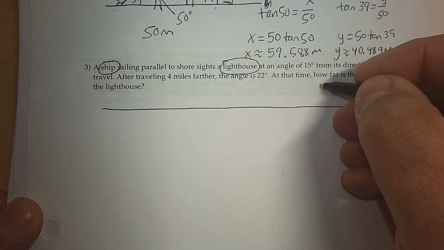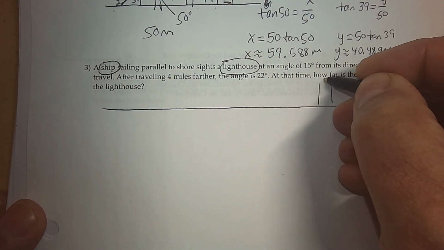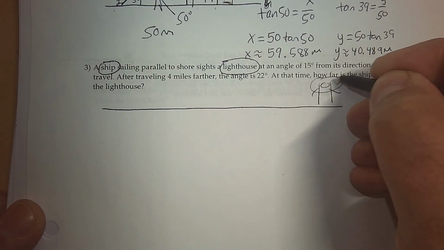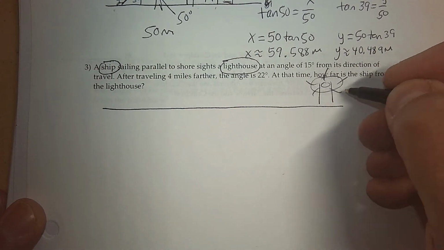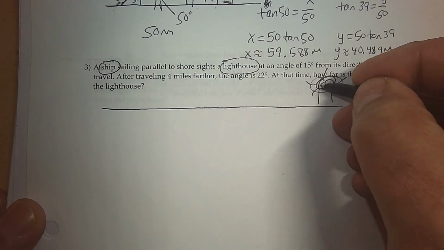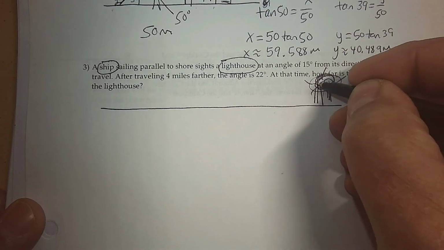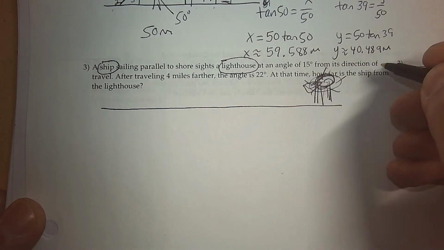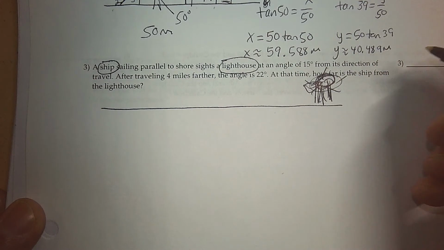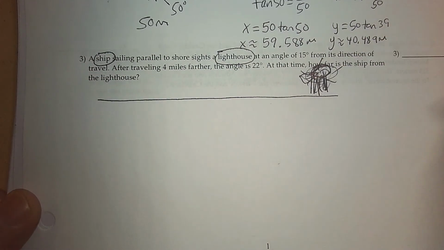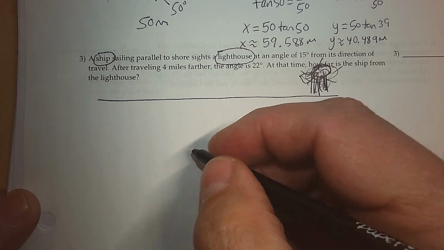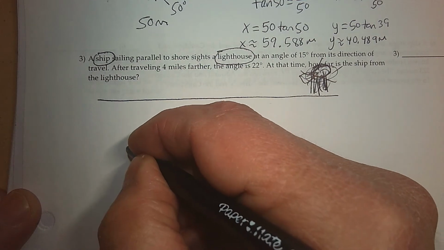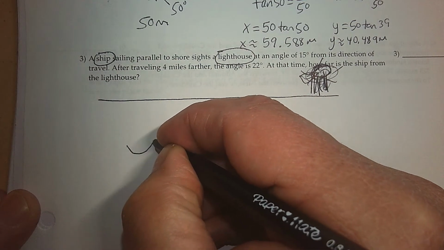All right, here we go. I can't draw it. There's my lighthouse. When I get frustrated, I just start scribbling. But there's my lighthouse. So, in the water, I have a boat. Is that right?